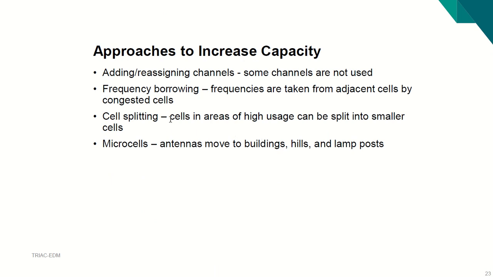So cells in high use can be split into smaller cells. And microcell antennas move to buildings, hills, and lampposts. So we have more flexibility. As long as the power supply is sufficient, we just put the antenna on buildings, hills, or lampposts so that it serves the area better.